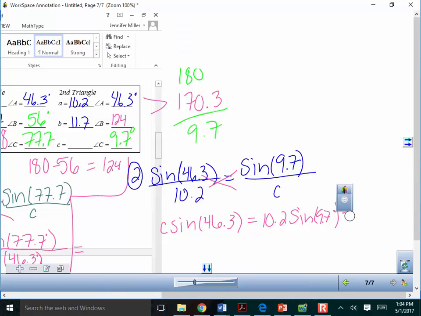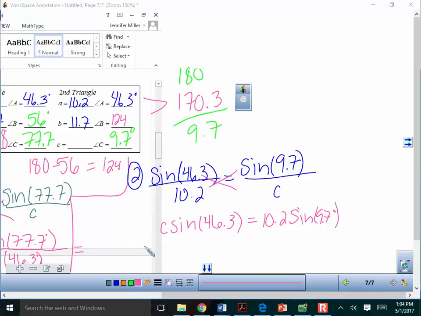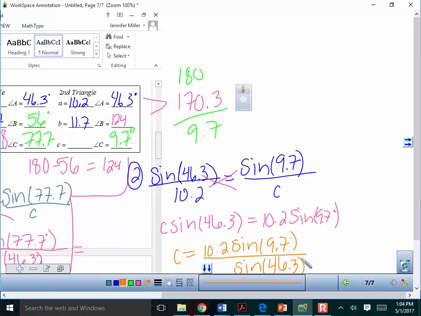Then we divide both sides by the sine of 46.3, and we're going to end up getting that c is equal to 10.2 times the sine of 9.7 degrees divided by the sine of 46.3 degrees. And what does that give us for side C of our second triangle? 2.4. Did everybody else get 2.4 for side C of your second triangle?